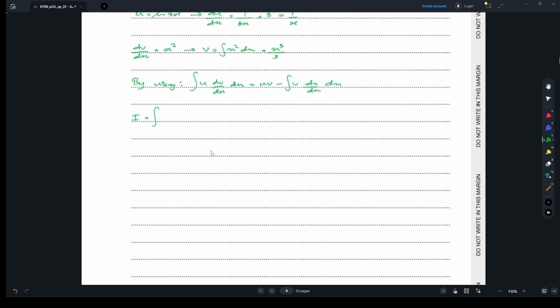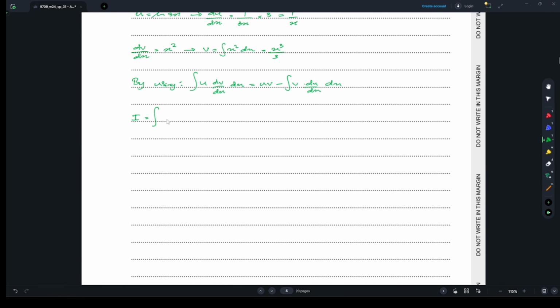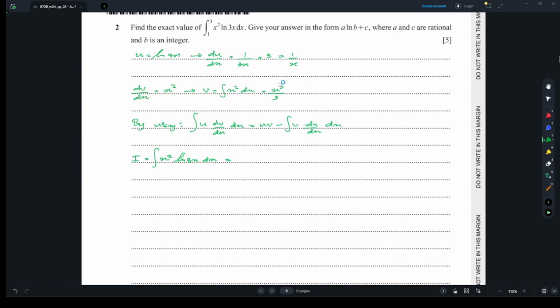Now if you apply this formula to your question, on the left side just write down your question, which is the integral of x square ln 3x dx. That's it. And then for the right side, you have to use the previous simplifications.